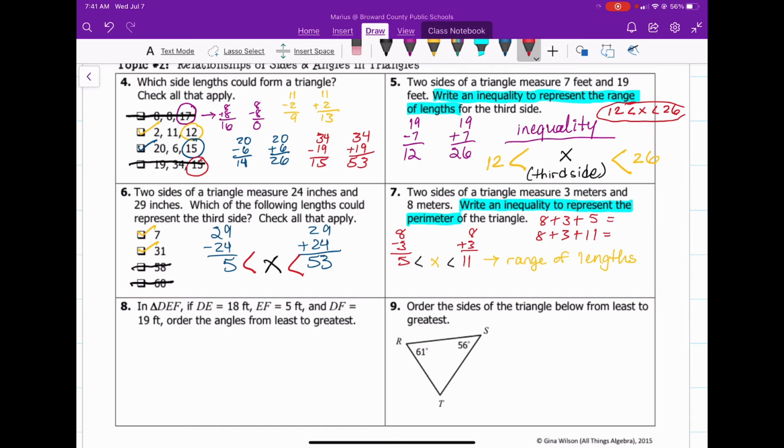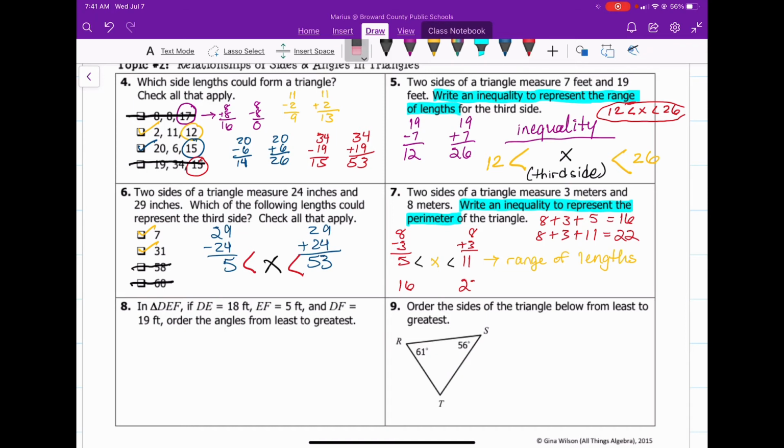So 8 plus 3 plus 5, that's 11 plus 5, which is 16. And then 8 plus 3 is 11, plus 11 is 22. So the perimeter has to be between 16 and 22, but not equal to those things.